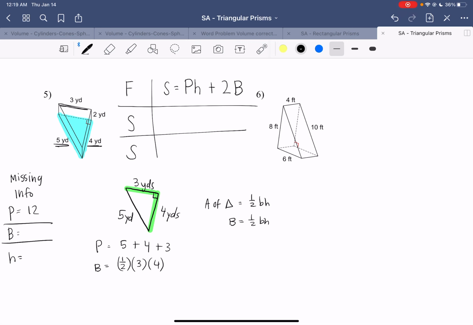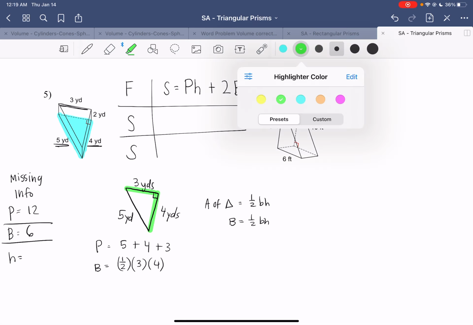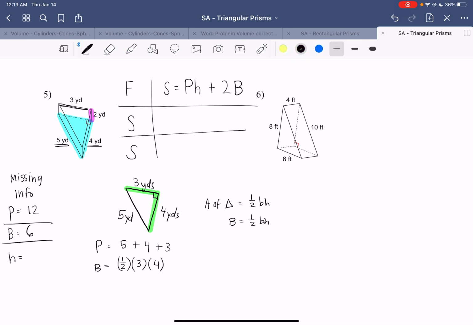So 12 times 1/2 is going to give us 6. And then our height, again, is the thing that's connecting our two bases. So we have our base that's blue, and the thing that connects it is that little purple mark that I just made, so that's going to be 2.